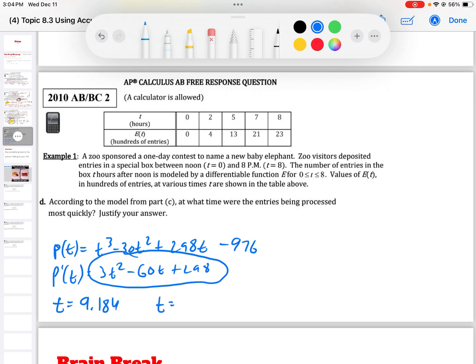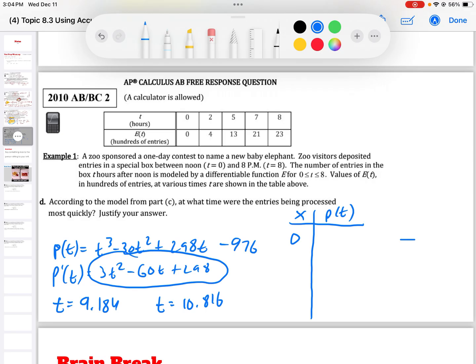It crosses the x-axis at 9.184 and 10.816. And I would do that by pressing second, trace, and I could find the zeros, which is number 2. So if you have your own calculator, you can go through and do that, and you can find those 2 numbers.